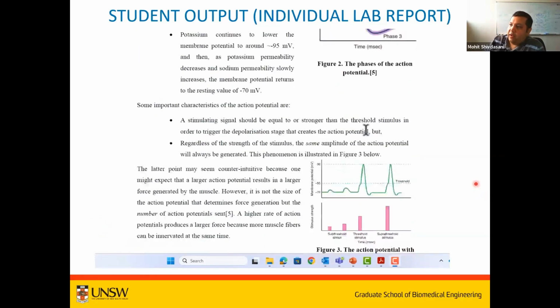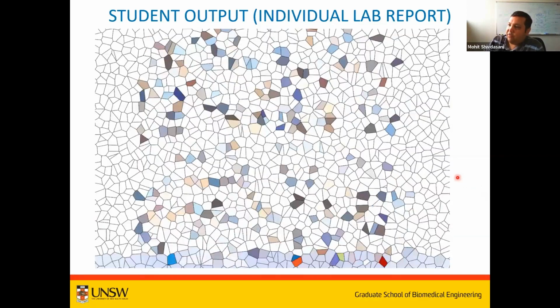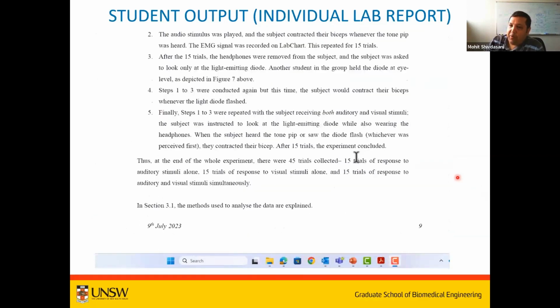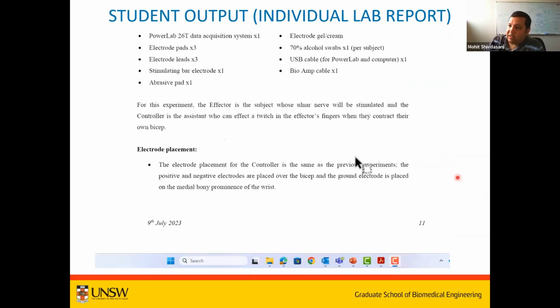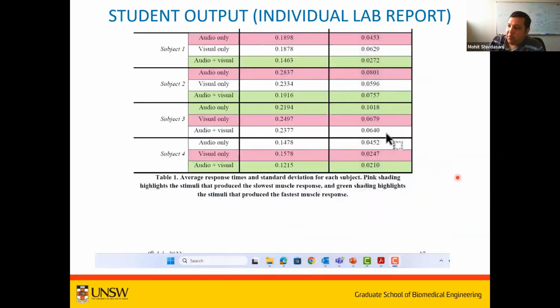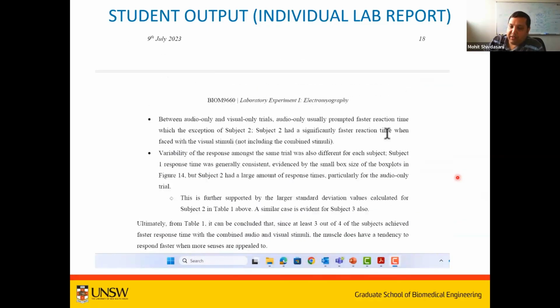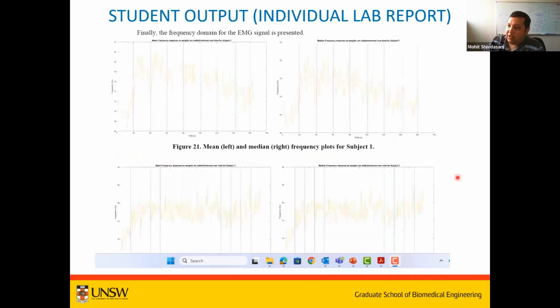So we get them to write a full-on report that includes an introduction to the field, how they performed their experiment. Each team may perform it slightly differently, so they're supposed to tell us the exact methods. And then they present the results of the experiment, almost like how they would write a journal article.